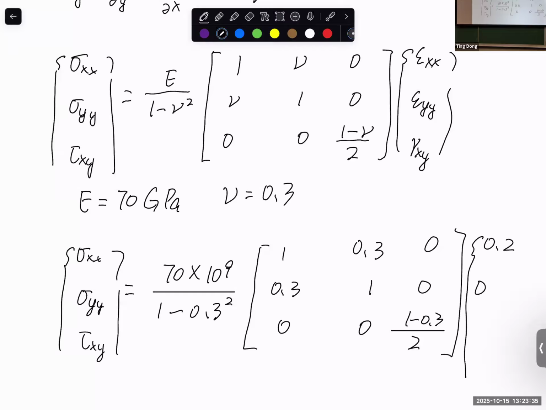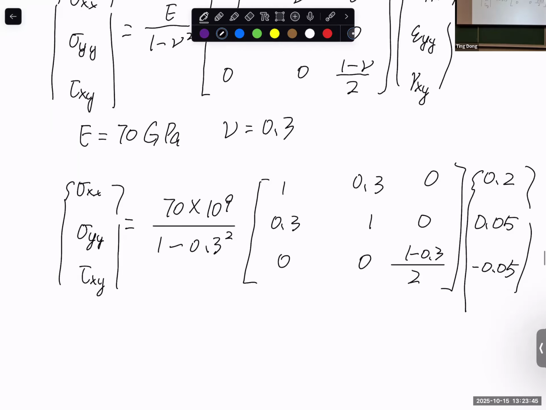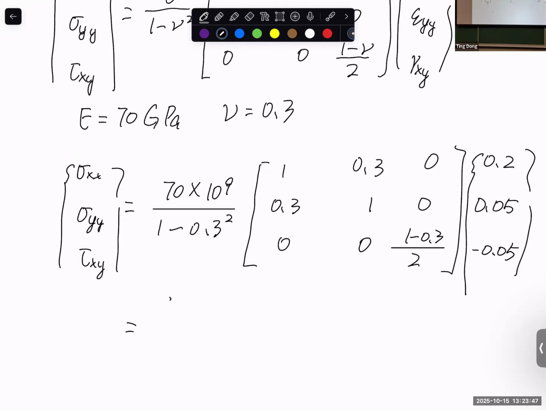Strain in the x direction, strain in the y direction, and a shear strain. And I will give you the final answer directly. Gigapascal, and to make it less confusing, I still put it as Pascal, 10 to the 9th Pascal.